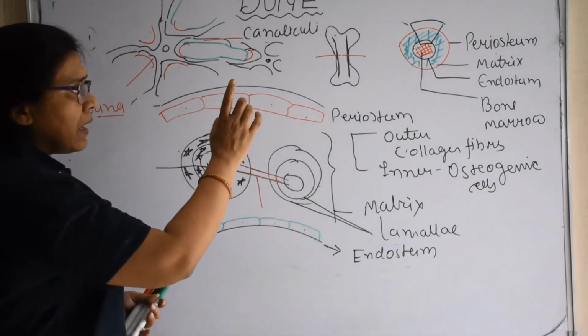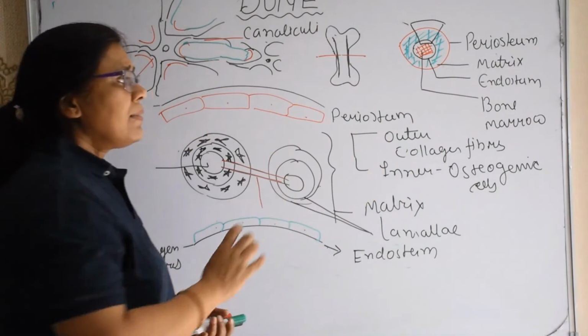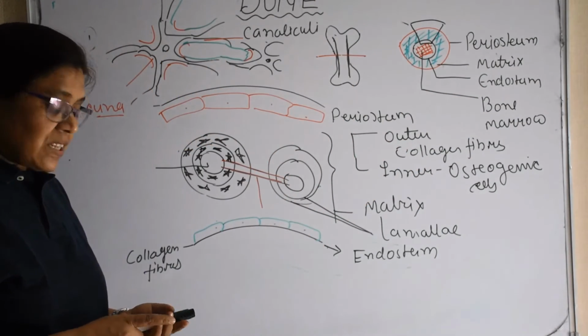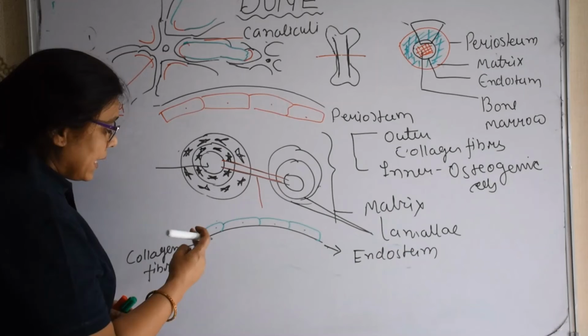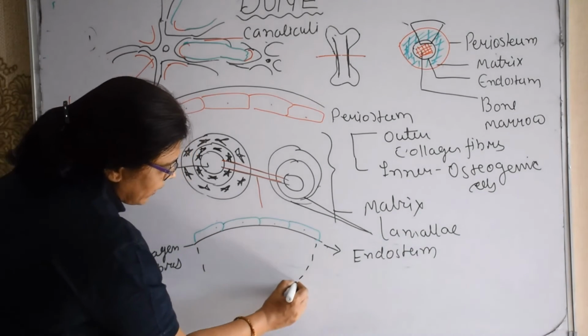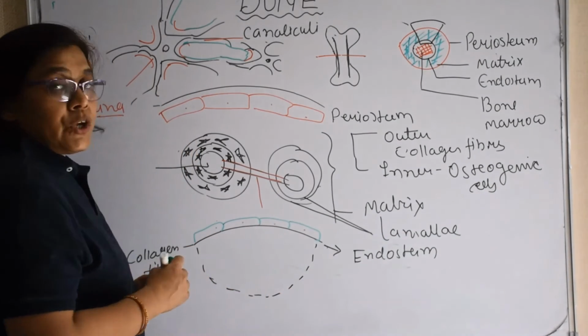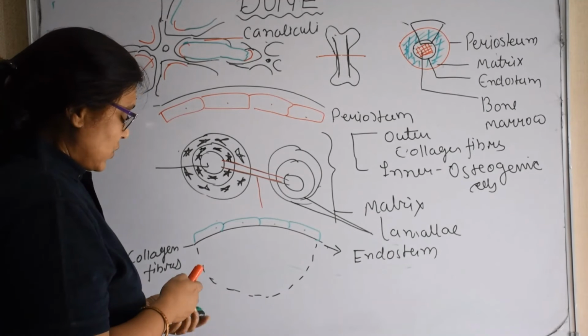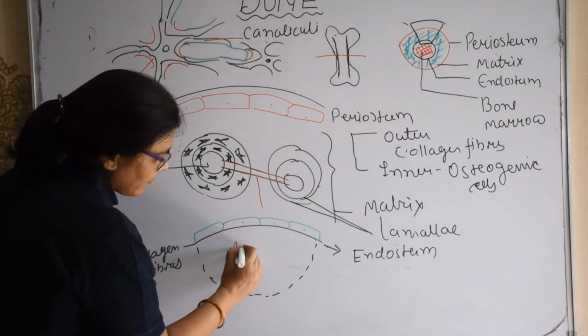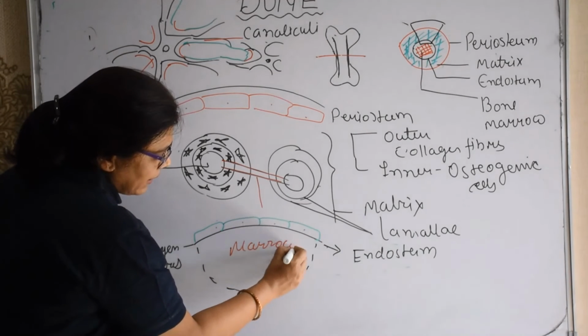So this is the third structure, and the innermost structure is the marrow cavity.